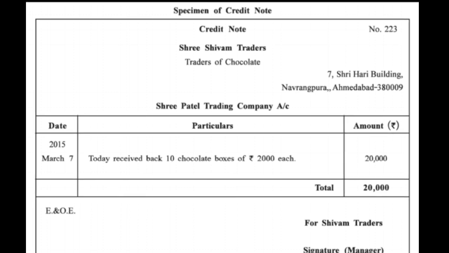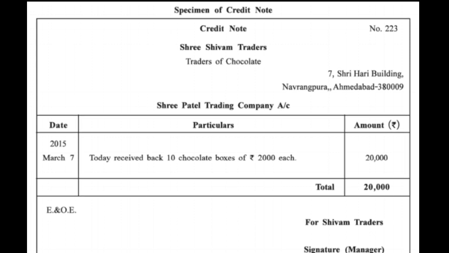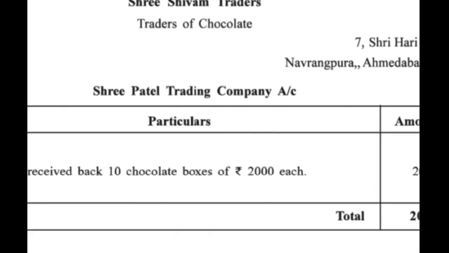Now, while we send a customer the credit note, we have many things on the credit note. Like here in this specimen of credit note, we have the name and address of the customer who has returned the goods. See here, it is Sri Shivam Traders, the traders of chocolate. They have sent goods back to Sri Patel Trading Company.